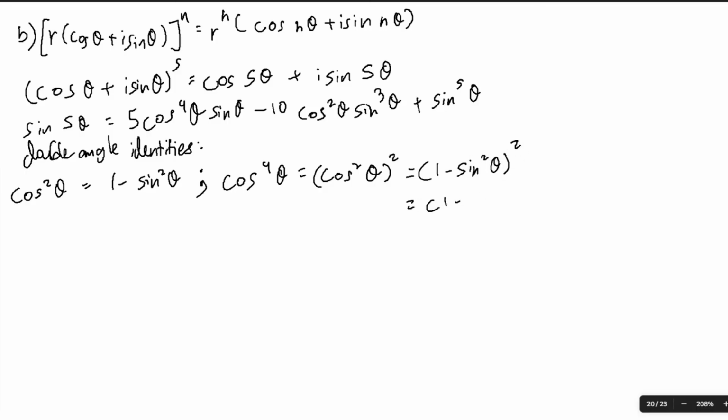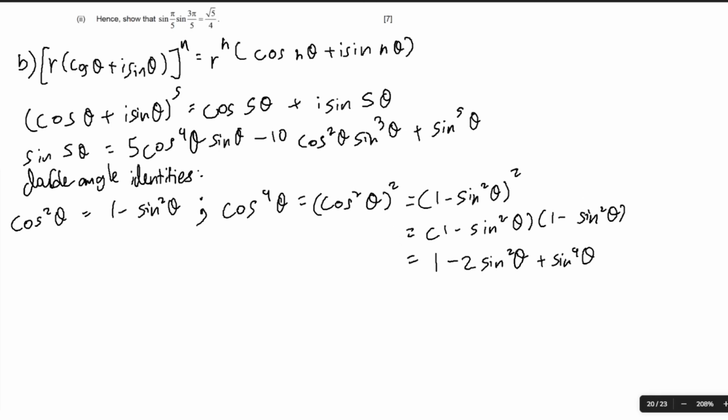From here, we can do 1 minus sine, just do this to make it easier to see, and then start multiplying. So minus 2 sine squared theta plus sine^4 theta here.